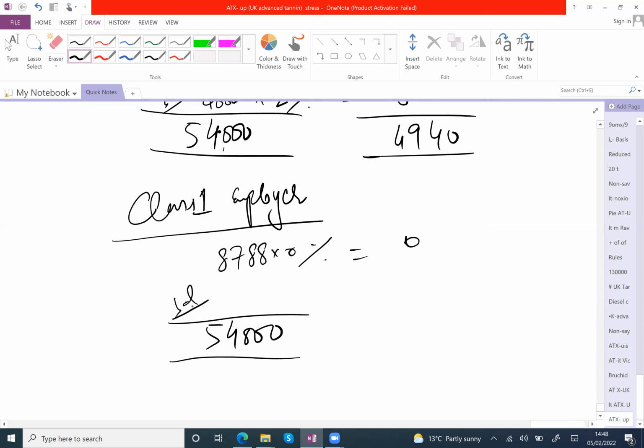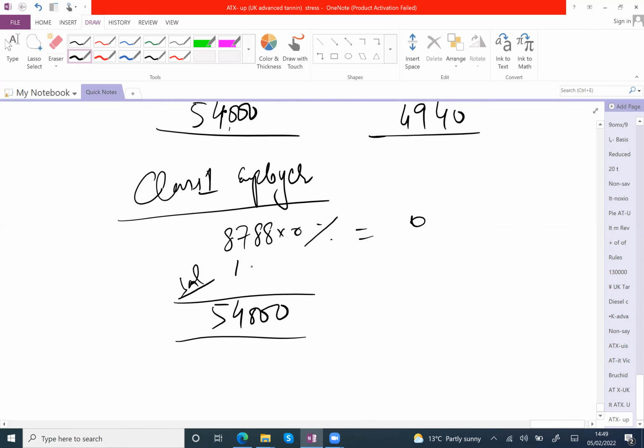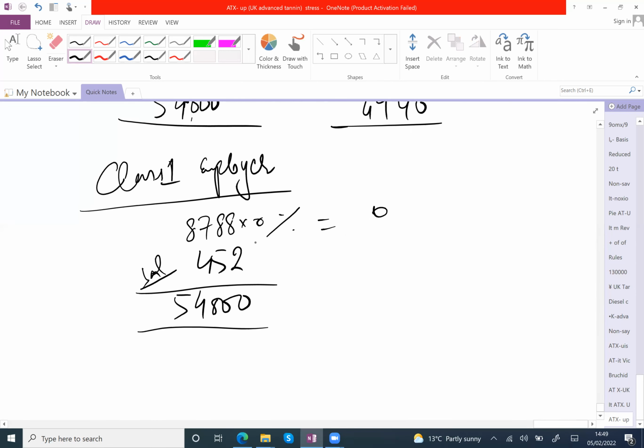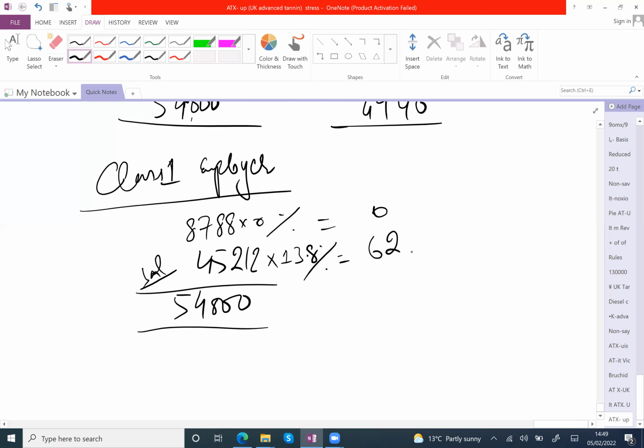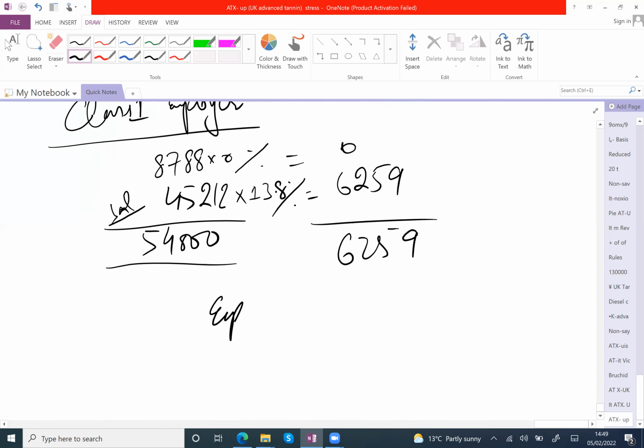And the balancing amount is 54,000 minus 8788, which is 45,212, at the rate of 13.8%, equal to 6,239.